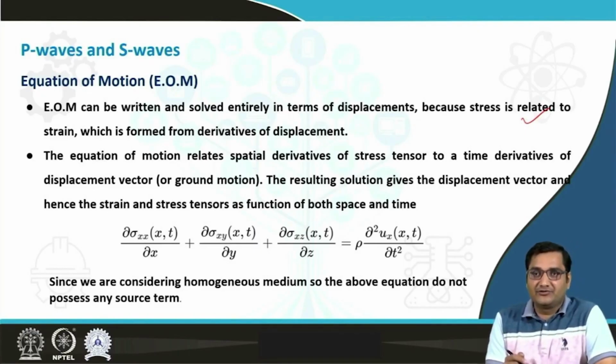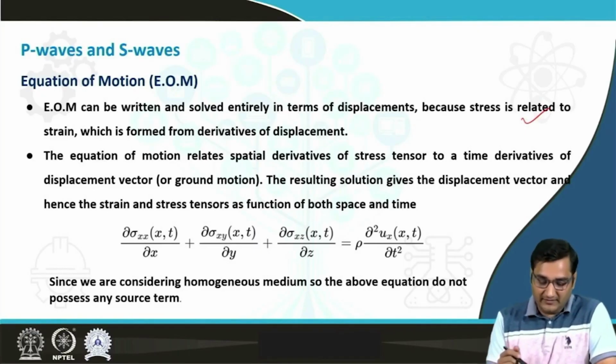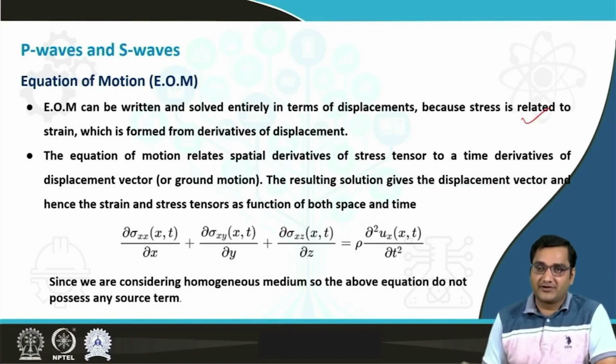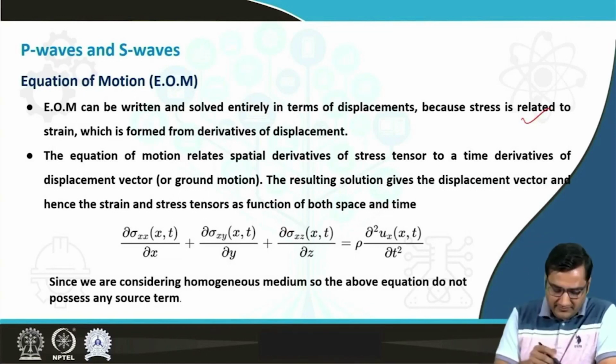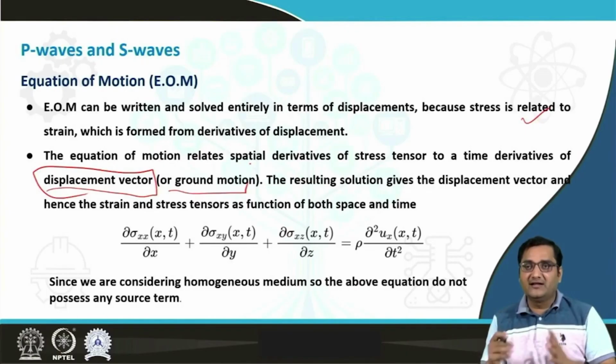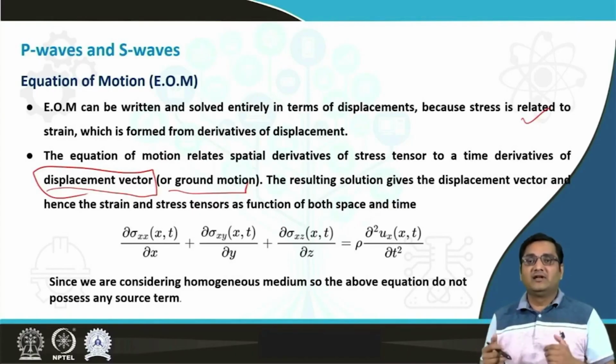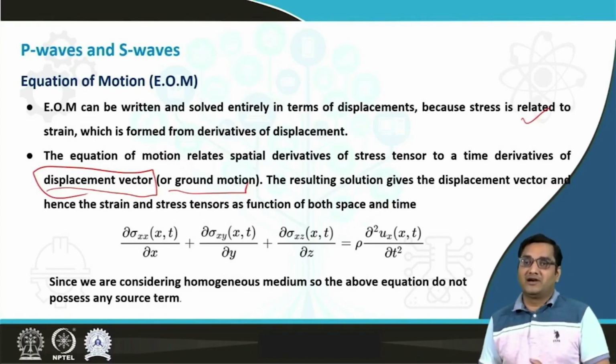The equation of motion relates the spatial derivative of the stress tensor to the time derivative of the displacement vector. So this displacement vector is nothing but the ground motion. So basically we are relating the stress with the ground motion. The ground motion that you see in the case of an earthquake is generated from the stress that is applied on the earth.